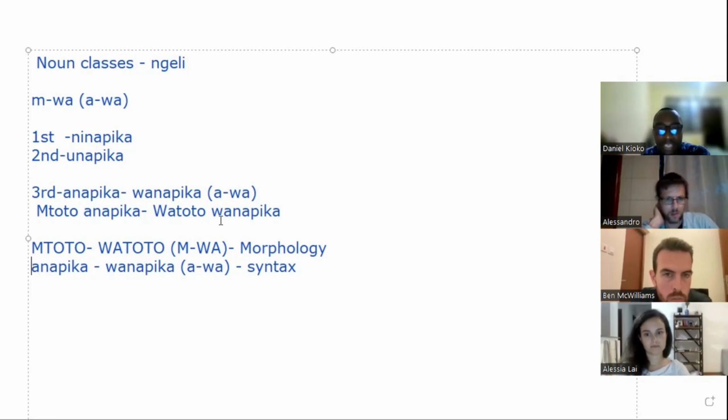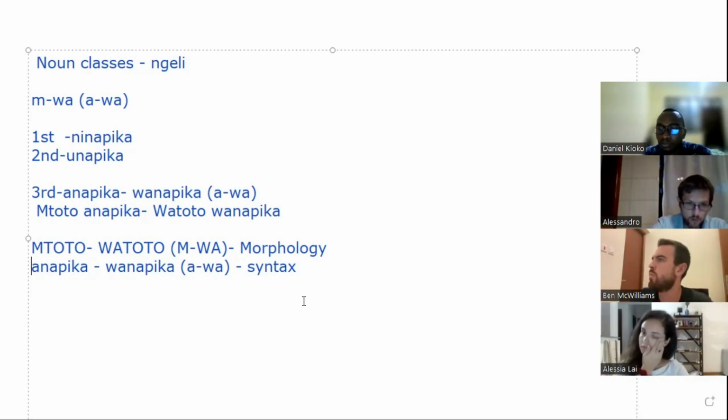How does the noun behave? And then the syntax is the conjugation of the noun. In this case, you can say even the subject prefix, the way we are seeing it. How does it conjugate? And that is why we have the syntax. Okay. Any question up to there?